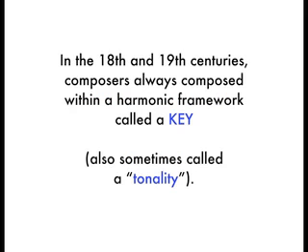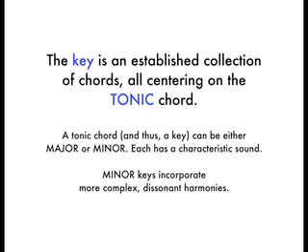In the 18th and 19th centuries, composers always wrote within a harmonic framework called a key, sometimes called a tonality. The key is an established collection of chords, all centering on the tonic chord.